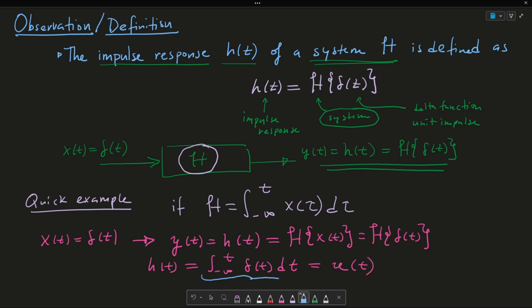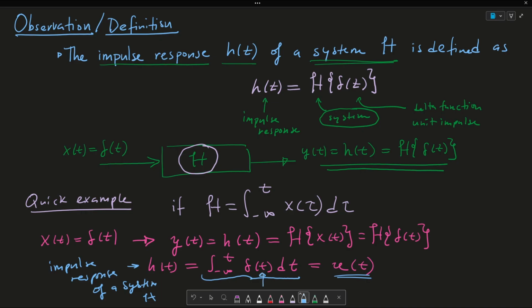I'm not going to prove this integral, because this is just a simple example to show you what I mean by h of t being the impulse response of a system h. In this case, the impulse response is simply this unit step function, and that's because my input was this delta t.